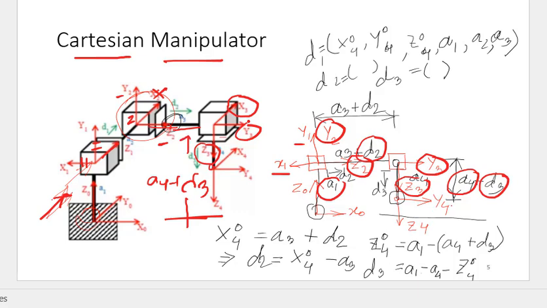When we observe on the front view, d1 we will get with respect to 0, x, y and z, and also the link lengths a1, a2 and a3, and also d2. That means d is the variable. Again I am saying d is the variable, it's not fixed, it can change.